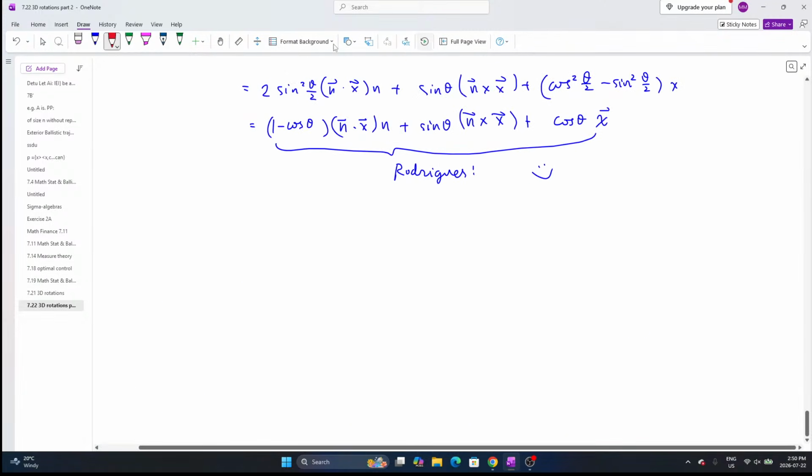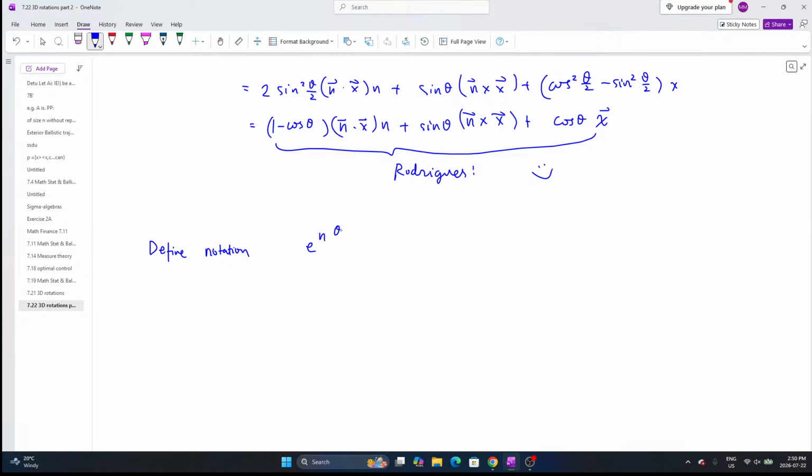So I'm going to introduce a notation. Once again, this is just a notation or motivated definition. We're going to define the notation that e to the n half theta is cosine half theta plus n sine half theta. It's because it kind of looks like Euler's formula.